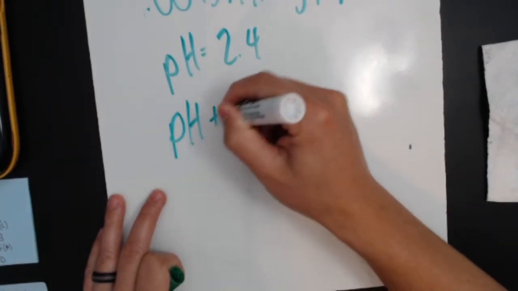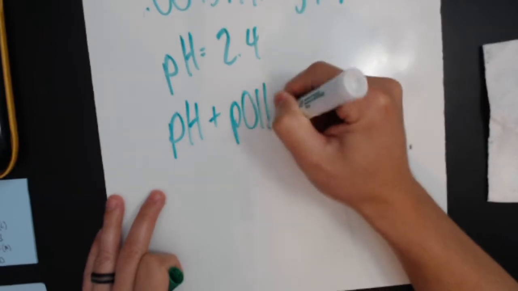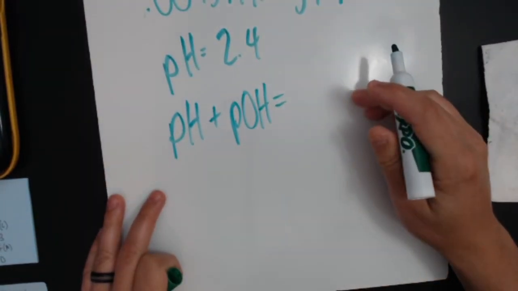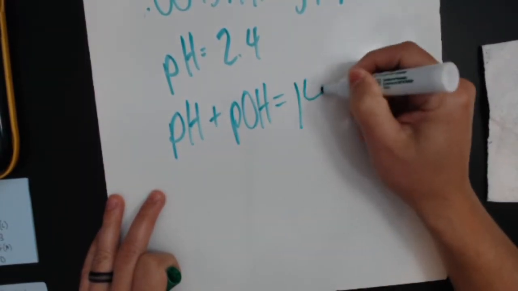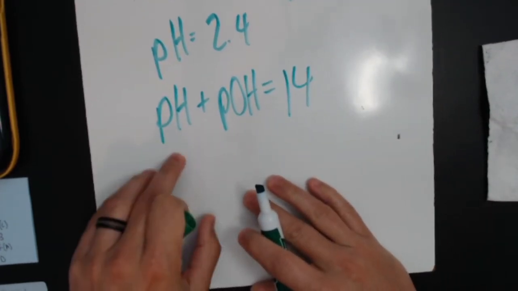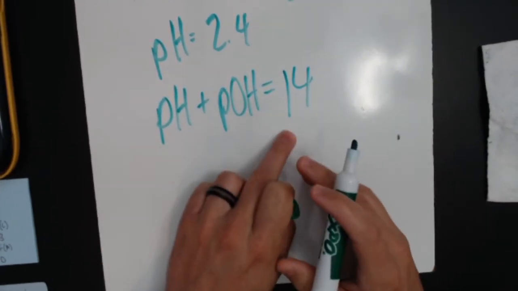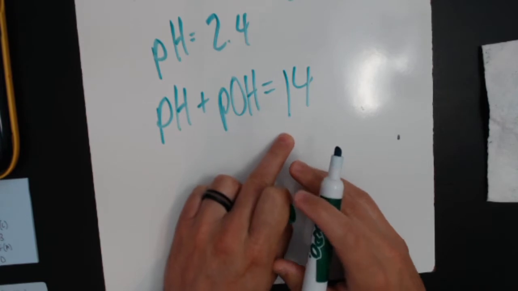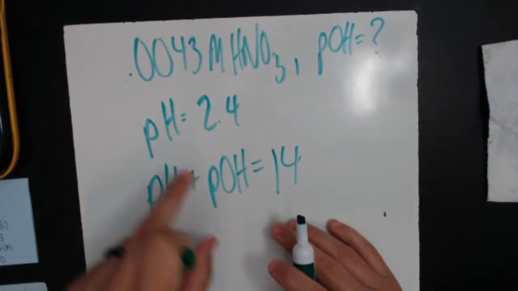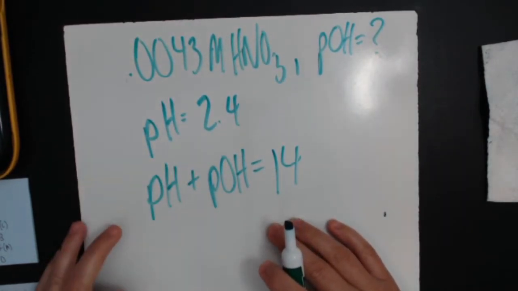Remember at all times, if you know the pH, finding the pOH or vice versa should be pretty easy, because this is always true: pH plus pOH is equal to 14. In this case, since we're solving for pOH and we already know pH, it's really, really simple.